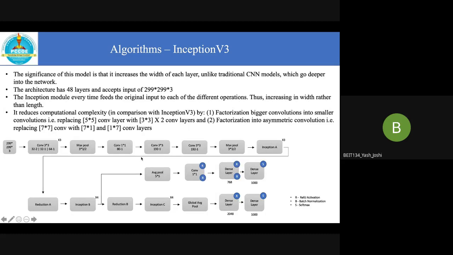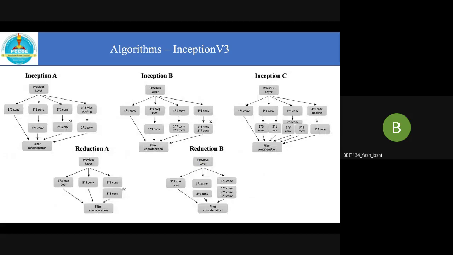This is the basic definition of going wider instead of deeper. Similarly, there are reduction A, inception B, and inception C blocks, which are later followed by a dense layer, which uses a softmax classifier. So this is the wider architecture of Inception V3.